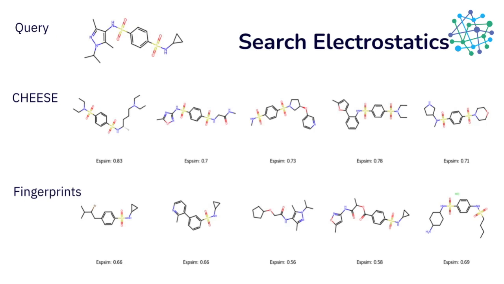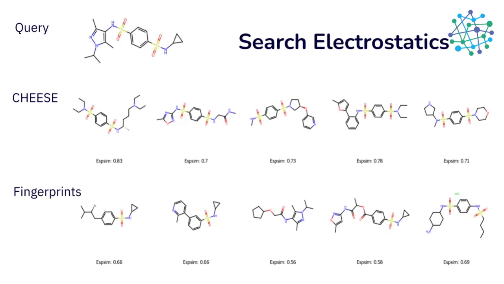Here is how this task is set up. For instance, we are searching by this query. This is an example drawn from a search on the PubChem database, and you can see the search results from CHEESE, that's the top 5 best molecules, and the top 5 molecules retrieved by Morgan fingerprints. Below are the ESP-SIM values, and here the ESP-SIM values for CHEESE are higher than for the fingerprints, which means that the retrieved molecules are more electrostatically similar to the query.